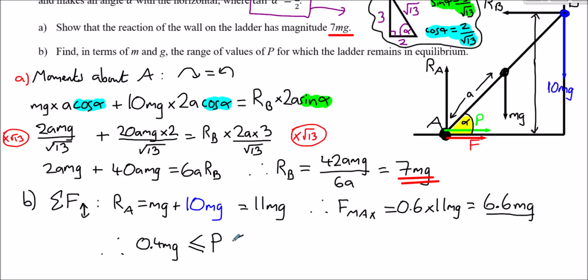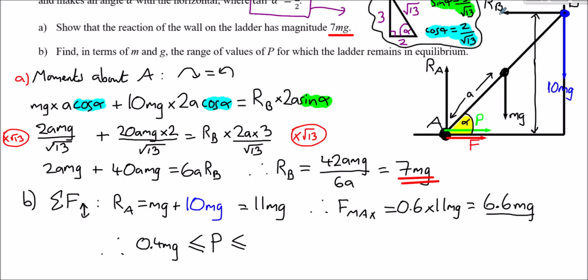Now, if P increased any further, for example, if P were, say, mg, it would be a force of 7.6 mg going this way, so there would be an overall force without friction acting to the right, so the friction there would actually act in the opposite way. So the friction would switch sides. If this person was pushing really hard to the extent that the ladder was going to push towards the wall from the bottom, the friction would be moving over here.